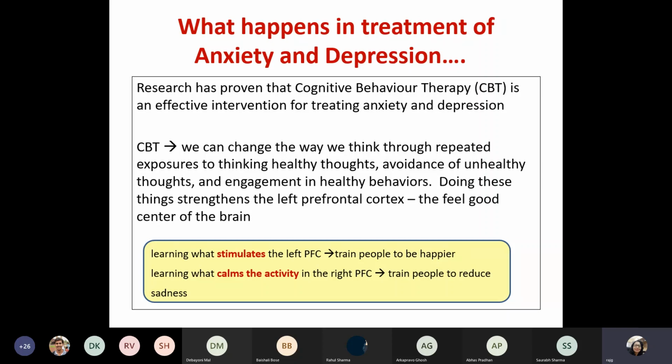But say if you think that I am no good, I won't be able to do it, or the world is hopeless, what's the use? If that's the thought, then you will not try anything, and your emotion will also be on the negative side.